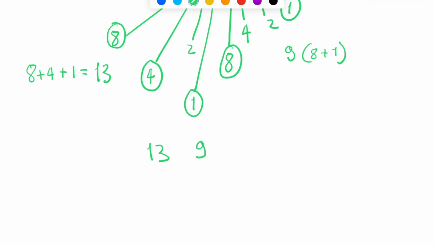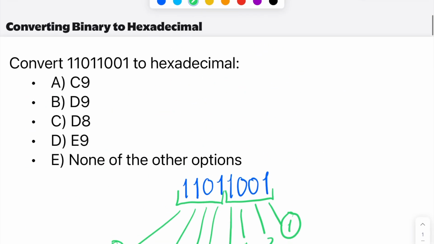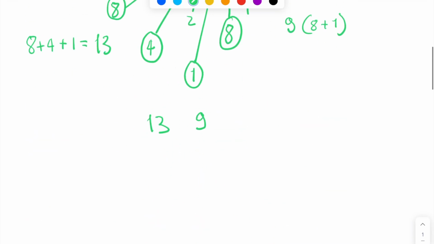If you recall, I mentioned that the hexadecimal system uses digits from 0 to 9. So this 9 is in the clear.